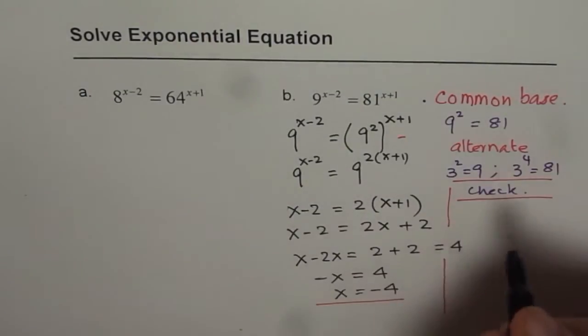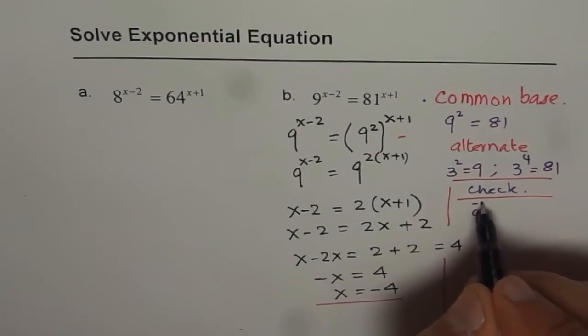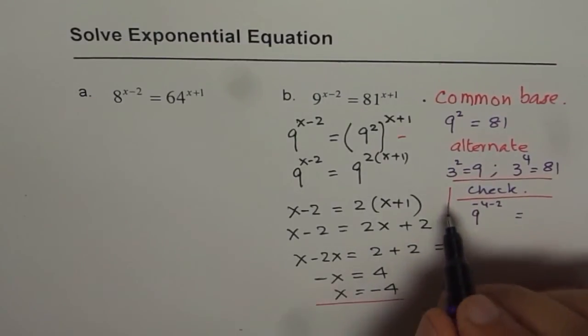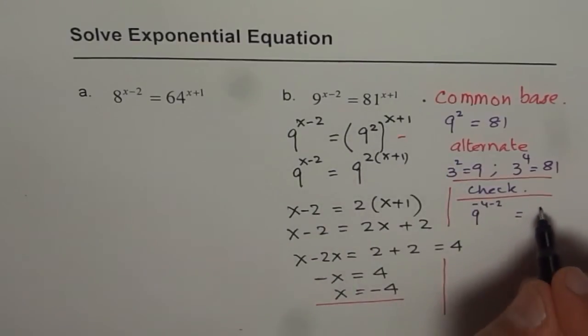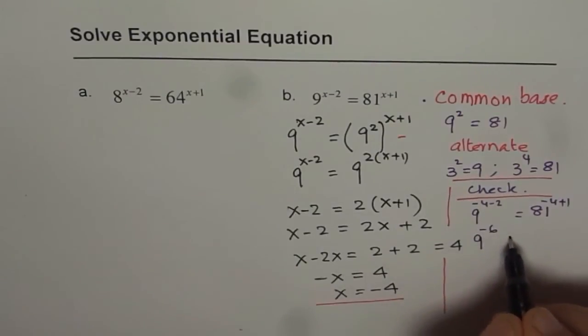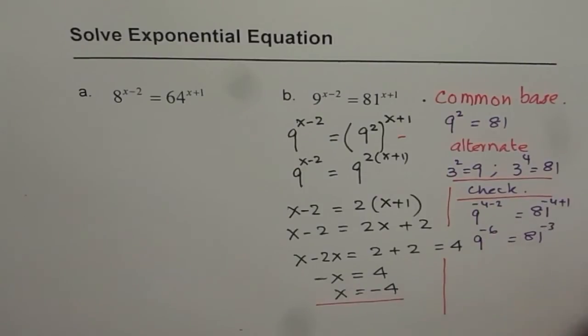So if I write minus 4, what do I get? I get 9 to the power of minus 4 minus 2 on the left side, right? On the right side, I get 81 to the power of minus 4 plus 1. Now that gives me 9 to the power of minus 6 equals 81 to the power of minus 3, right?